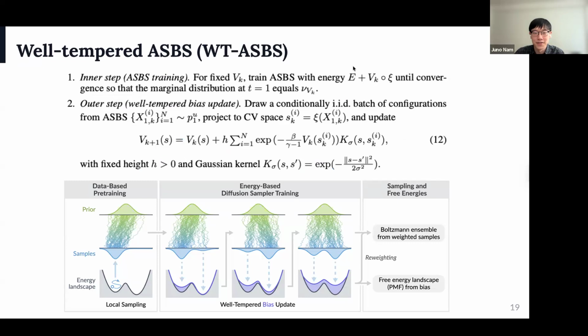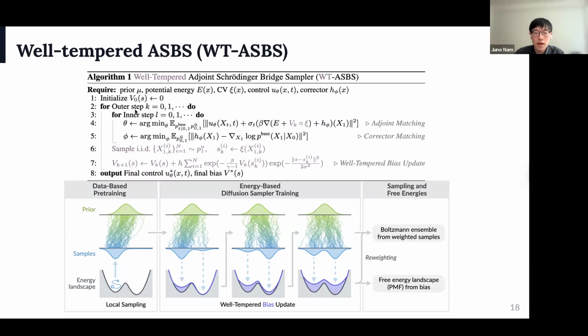In the outer loop, we use this trained sampler to produce IID samples from the current energy plus bias landscape and get the collective variable data points. At every collective variable data point, we stack the Gaussian bias with the well-tempered discount factor.